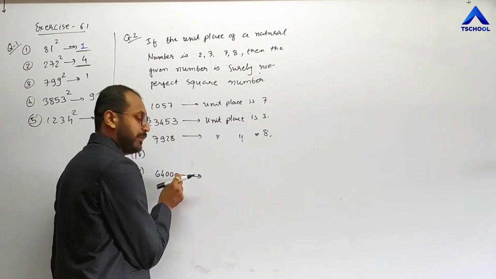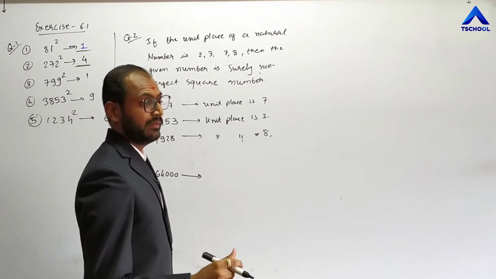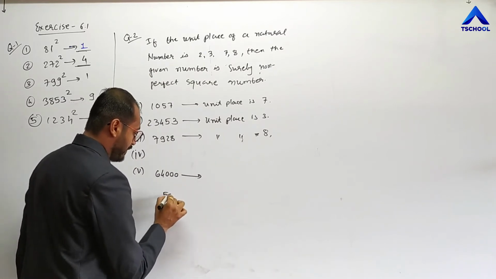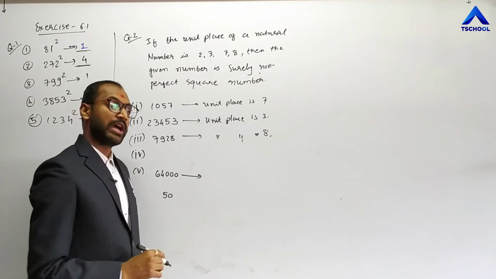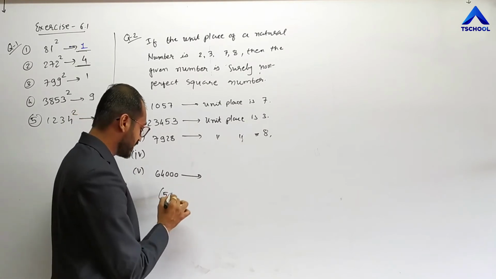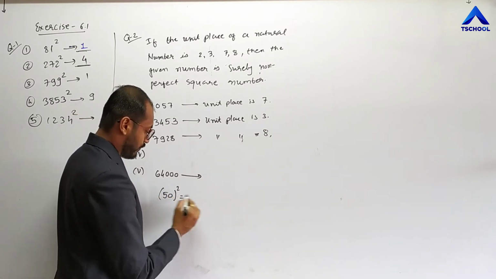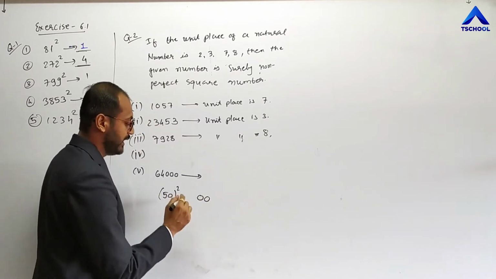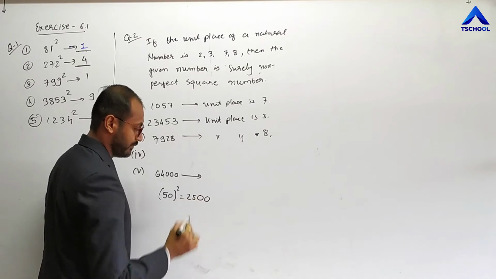that the unit place is 0. Suppose we want to find the square of 50, then the square of 50 contains 2 zeros instead of 1 zero, and 5 square is 25.